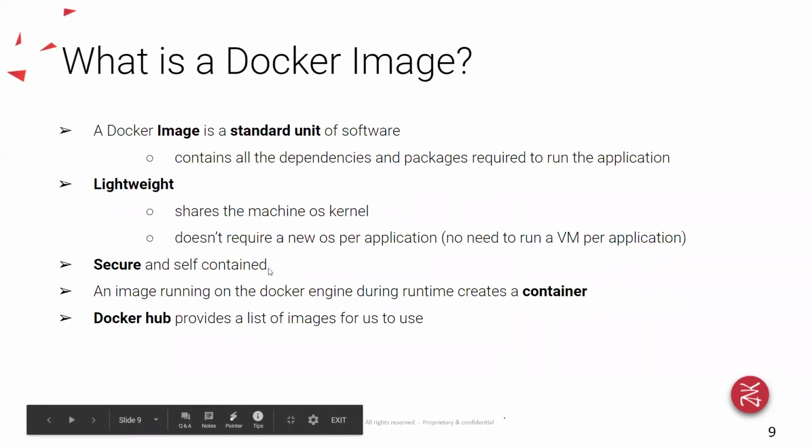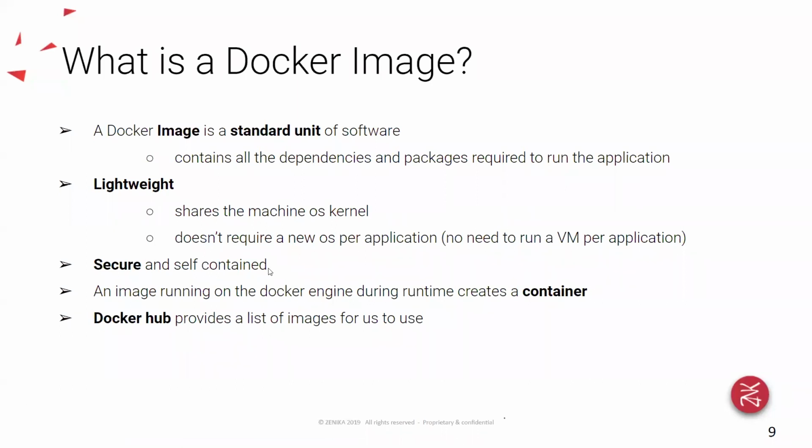Anyways, so just to give you a quick recap again, what is a Docker image? A Docker image is like the installer that you use to install software or an application. And after the application is created, you can think of the .exe file of the application as a container that can be started, that can be run.